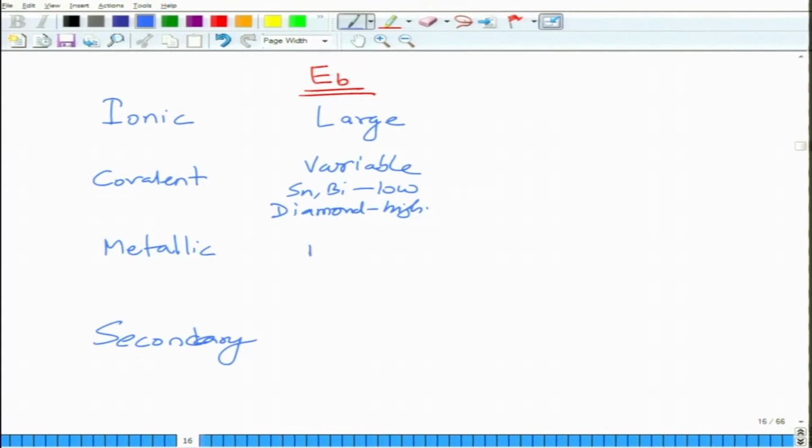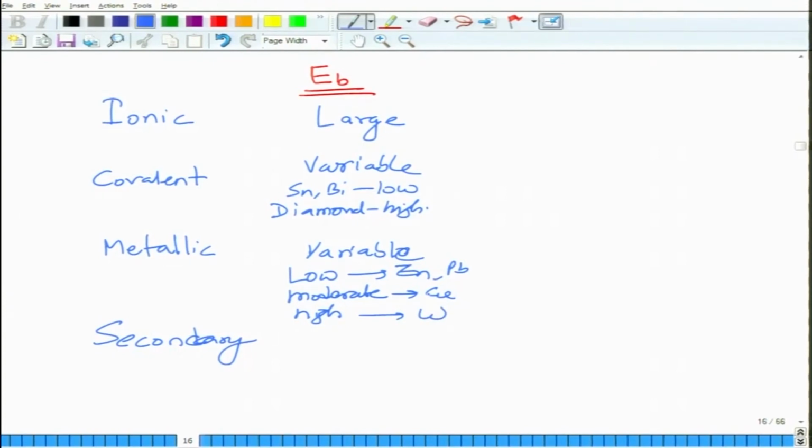Metallic bonding is variable again: low, moderate, high. Low will be things like zinc, lead, moderate will be things like copper, and high will be things like tungsten.